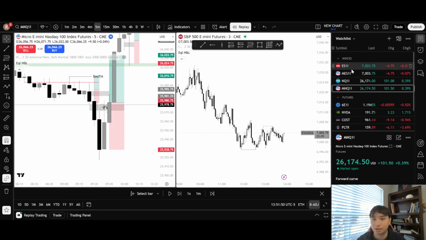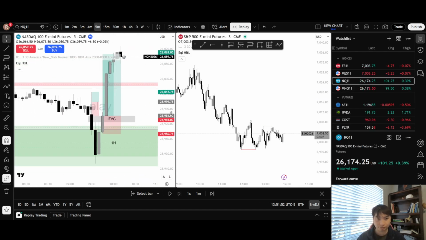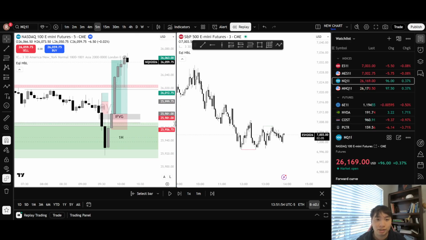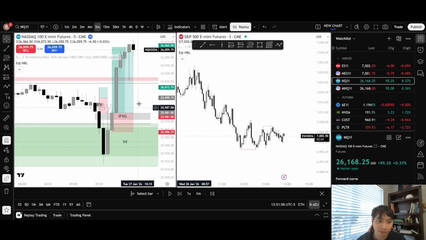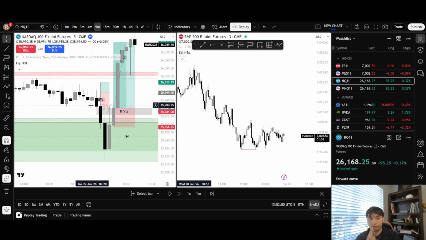I was going to talk about the psychology bit, but it is a crushing blow to see your bias correct, but you have the wrong entry. That is the nature of trading, it just happens, and you just have to move on with it. My bias was correct on the day, but what I failed to notice was that we had the wrong entry point.